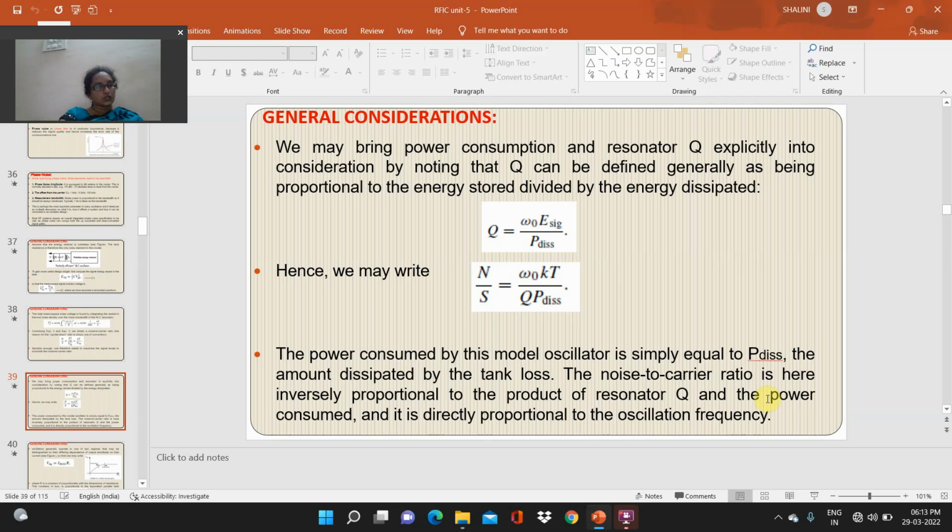The power consumed by this model oscillator is simply equal to P dissipation, the amount dissipated by the tank loss. The noise to carrier ratio is here inversely proportional to the product of resonator Q and the power consumed, and it is directly proportional to oscillation frequency.